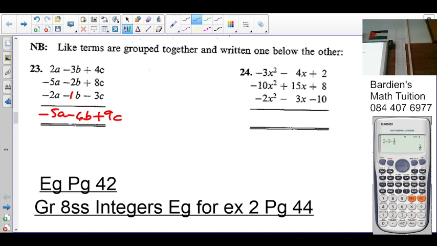People, number 24. Again, the like terms is one below the other. Not so? So what's negative 3x squared minus 10x squared? Negative 13x squared minus 2x squared? Negative 15x squared. Minus 4x plus 15x? 11x. Not so?